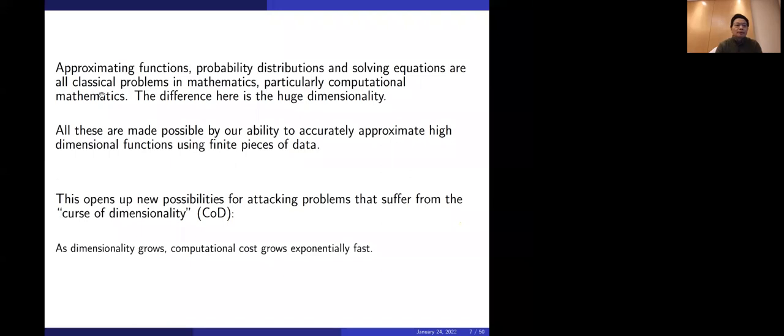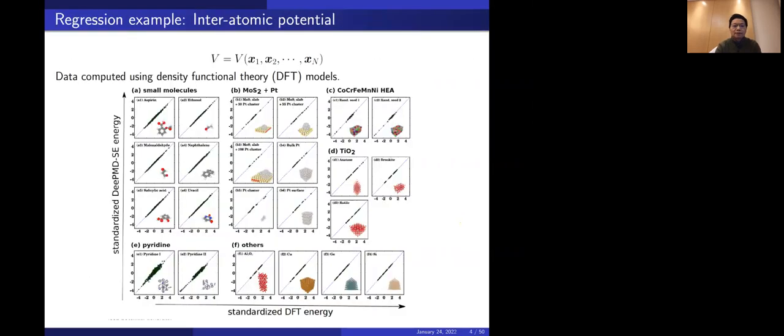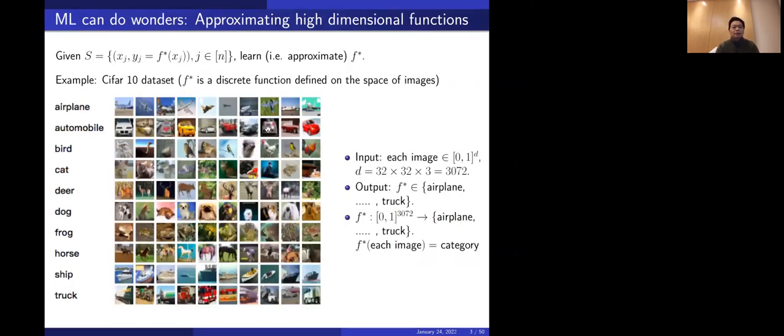So if we look at these examples, approximating functions, approximating probability distributions, and solving equations, these are all classical problems in mathematics, particularly computational mathematics. The difference here is the huge dimensionality. If we go back to the first example, to count the number of degrees of freedom, each pixel is a degree of freedom.